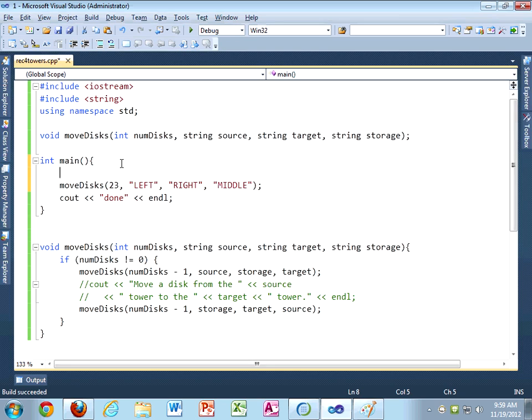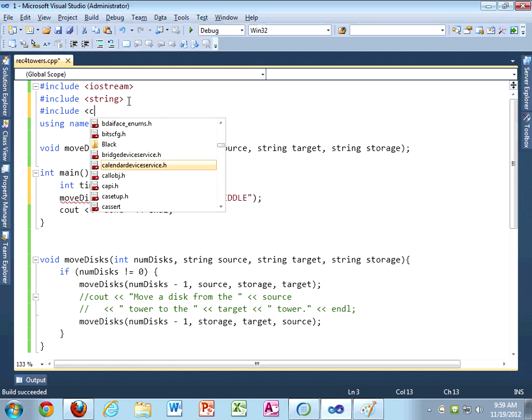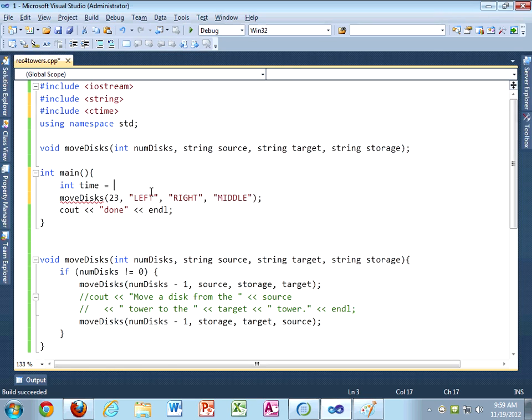Let me see if we can actually have the computer time this. We just set a timer. I can say int time, t gets time, this is just time.